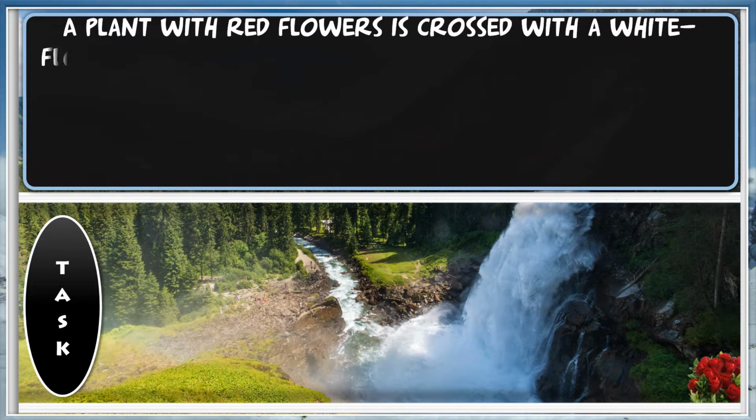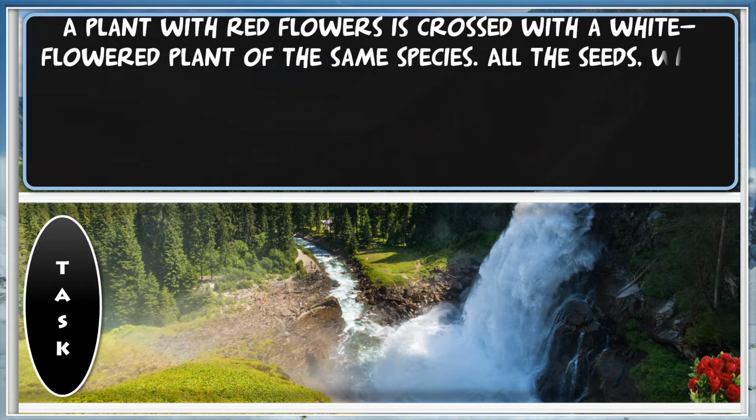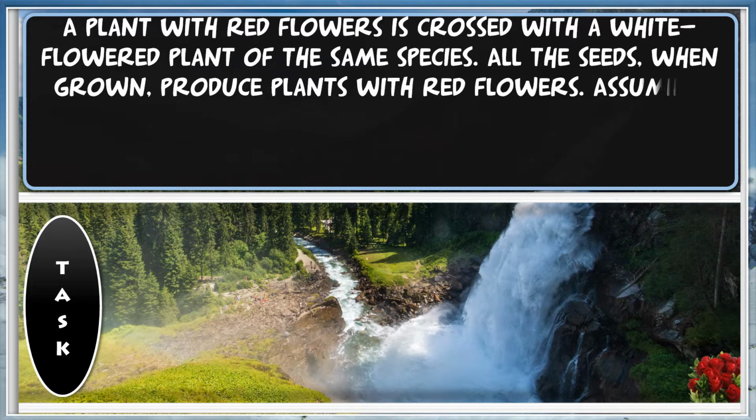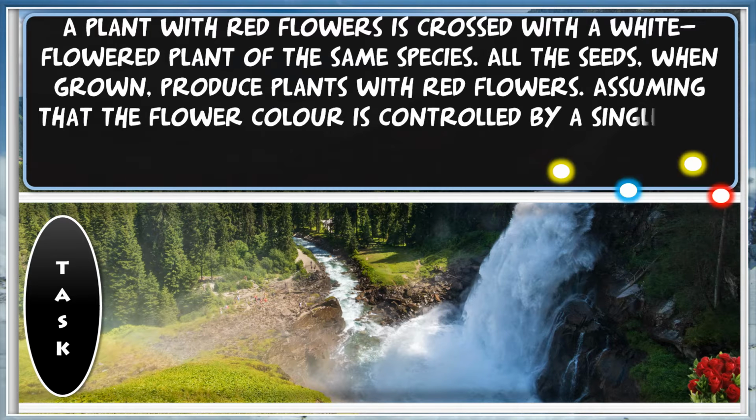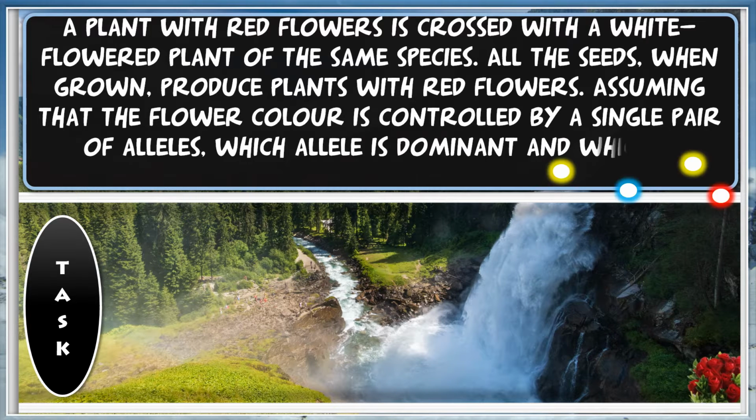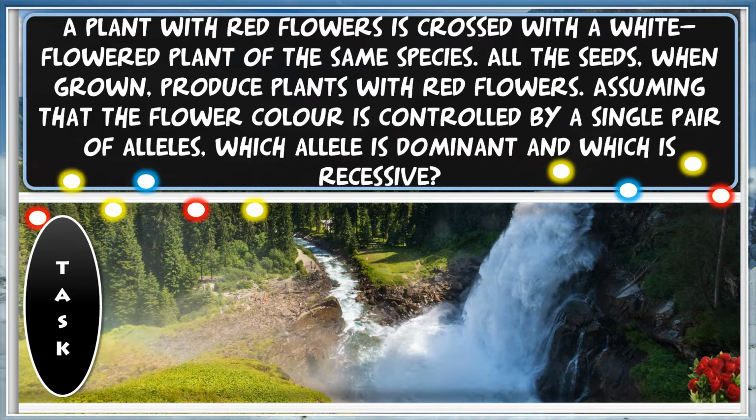A plant with red flowers is crossed with a white-flowered plant of the same species. All the seeds, when grown, produce plants with red flowers.